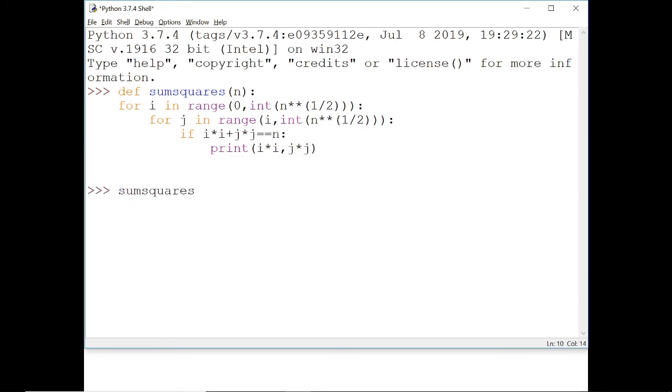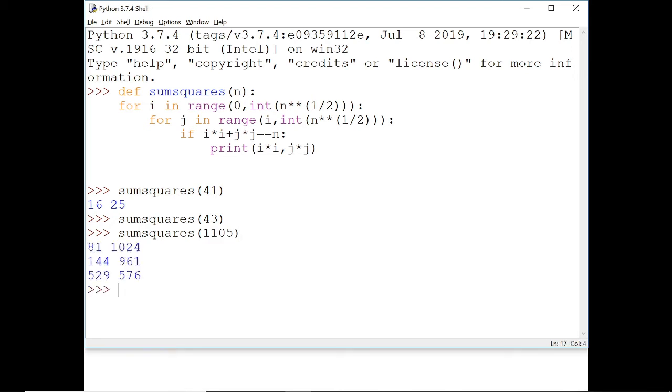Sum squares of 41, and that outputs 16 and 25. Sum squares of 43, that doesn't give any output at all. Sum squares of 1105, that gives us three different solutions there, and sum squares of 1107, that gives us no solutions.